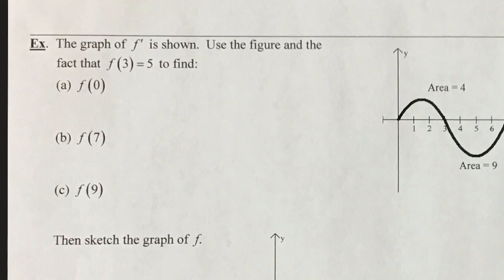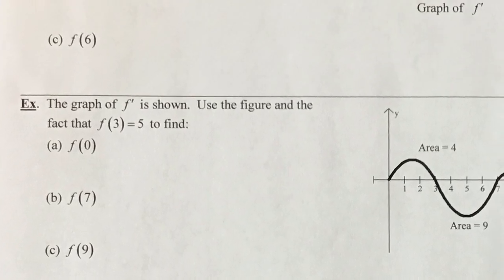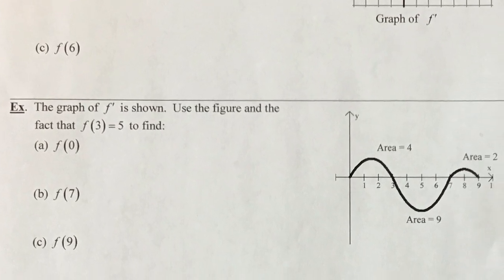Okay, let's see some other types of AP calculus questions. So notice they are telling you right now what the area of each of these units are. This has an area of 4. This has an area of 9, right, below the x-axis, so it's actually going to be negative. And this has an area of 2.